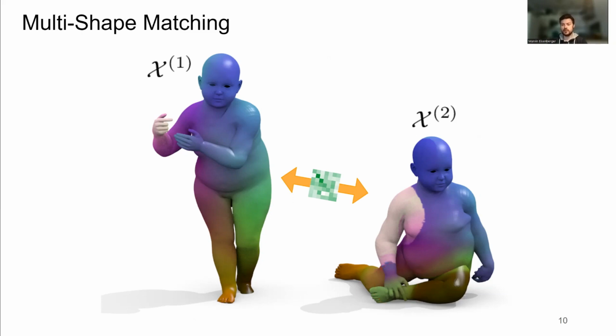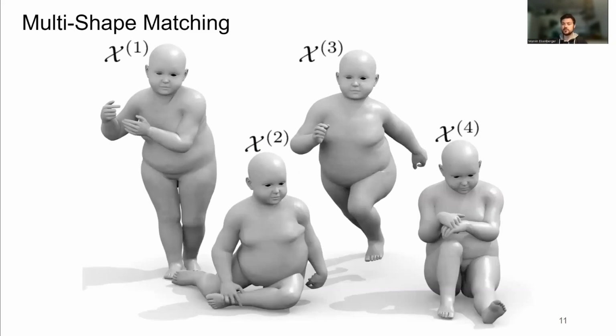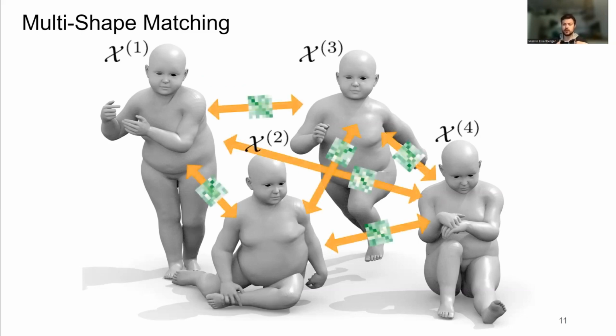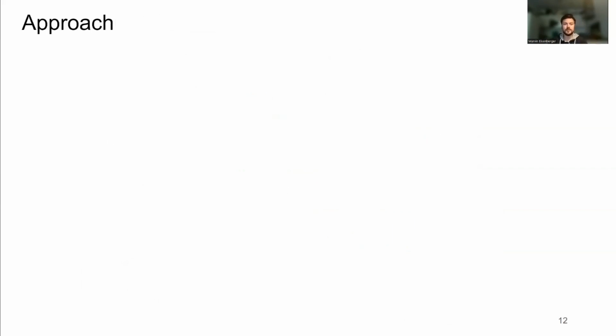So in order to address this, we can actually leverage multi-shape correspondences because instead of just computing correspondences in a pairwise manner, we can jointly compute correspondences between all of the poses at the same time. And this tells us something about the latent topology of our collection because we can somehow infer what places are meaningfully connected and not from the other poses.